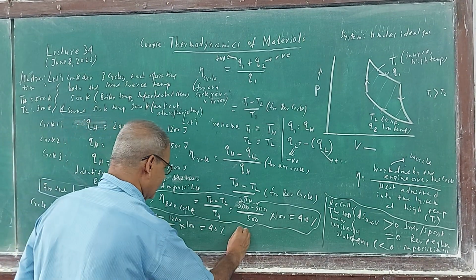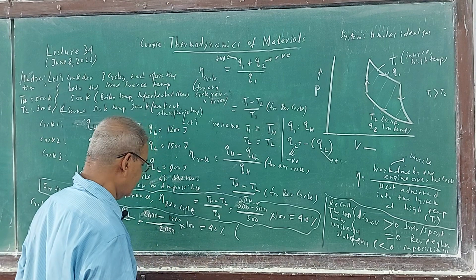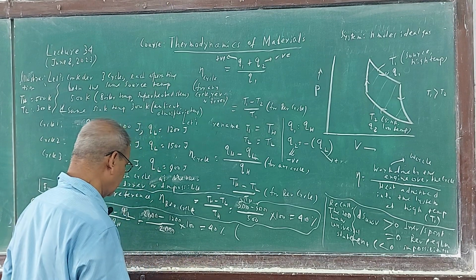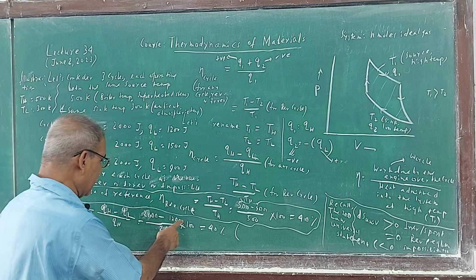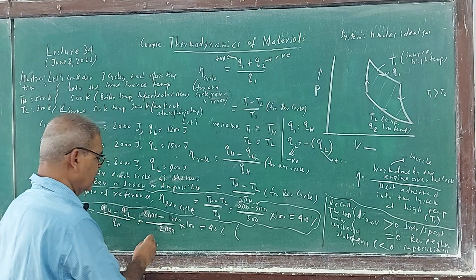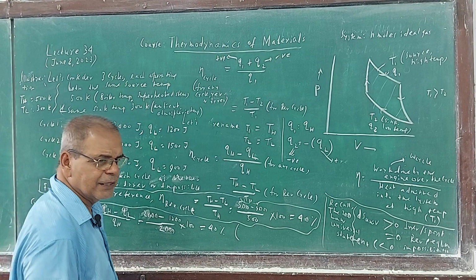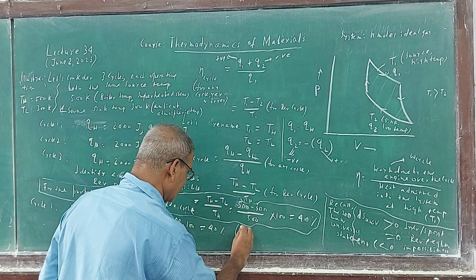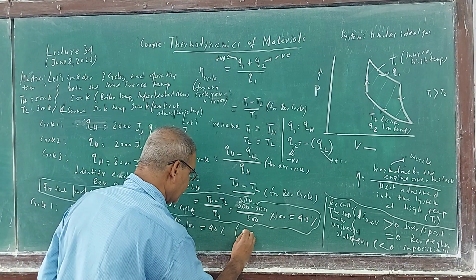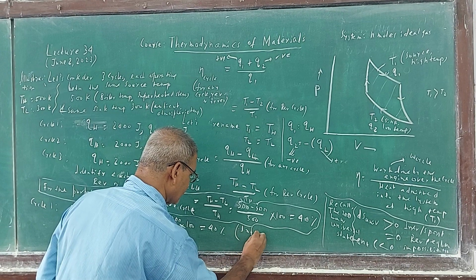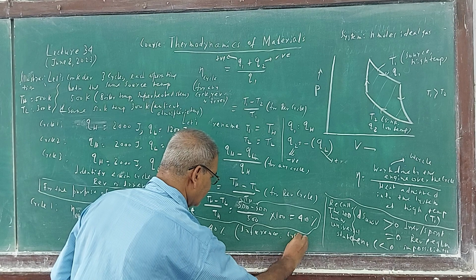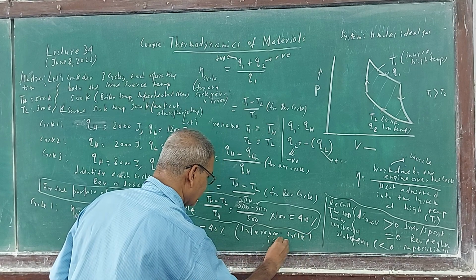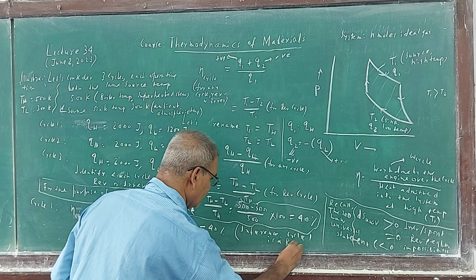So 8 by 20, 40%. The inference: cycle 1 is a reversible cycle engine.